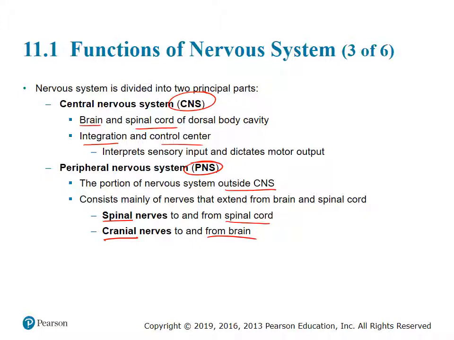As I mentioned, the eye is connected to part of that relay system. That would be the optic nerve. And in fact, the optic nerve is one of the cranial nerves that connects the eye to the brain, as an example. And actually, there are 12 cranial nerves. And we'll go through that next week. We'll talk about those. Okay?